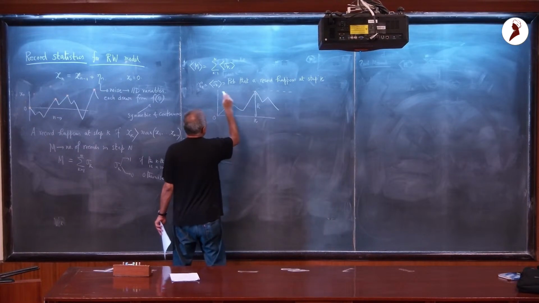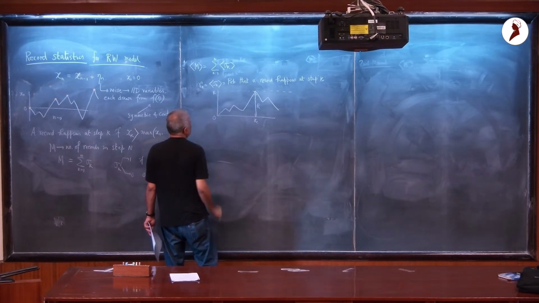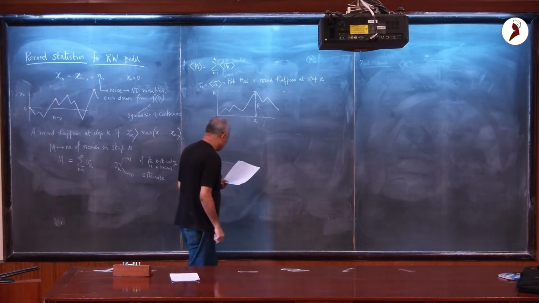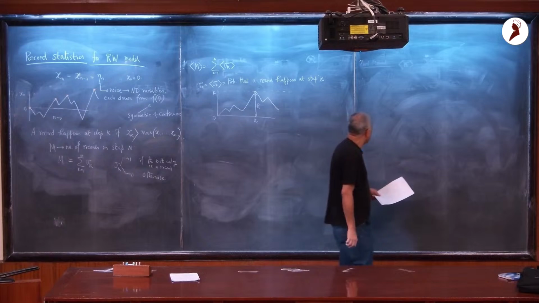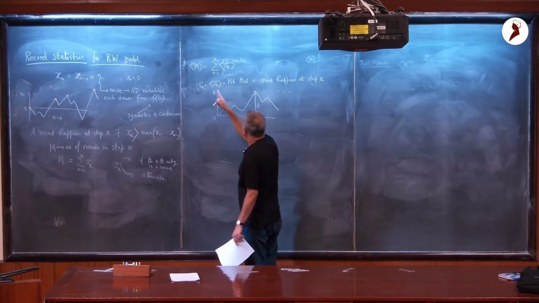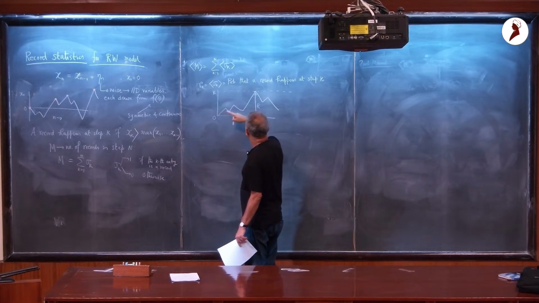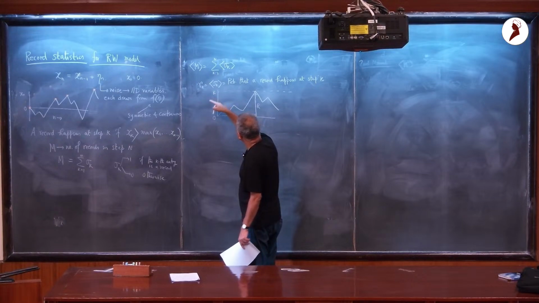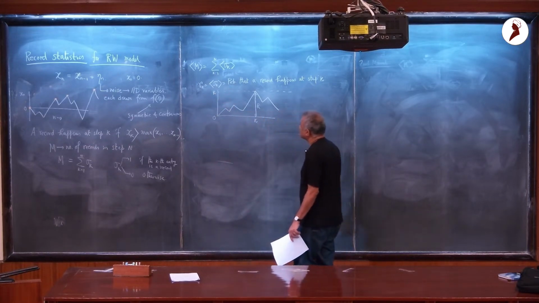So this value here is r. Then the average of sigma_k is the probability that a record occurs here with record value r, and then I have to integrate over all possible values of r.